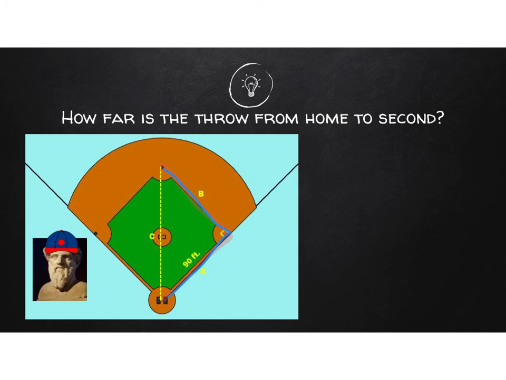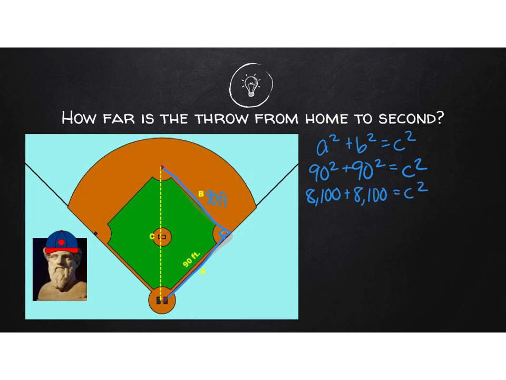It says 90 feet there, so that means this is also 90 feet. And we're looking for C. So A squared plus B squared equals C squared because we have a right angle. 90 squared plus 90 squared equals C squared. 90 squared is 8,100 plus 8,100 equals C squared. Add those together, we get 16,200 equals C squared.